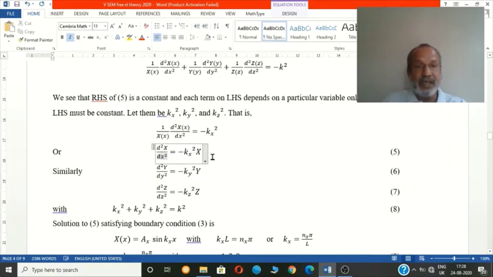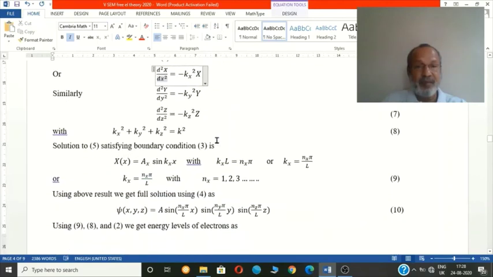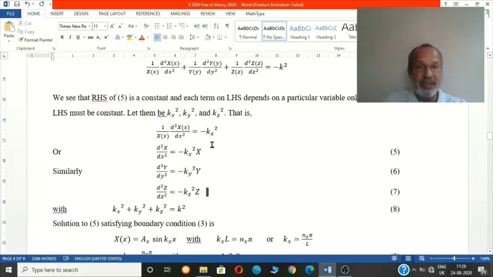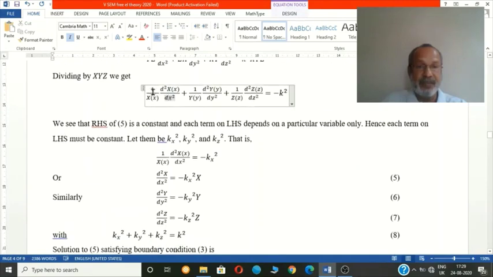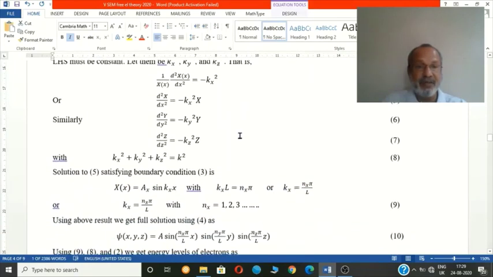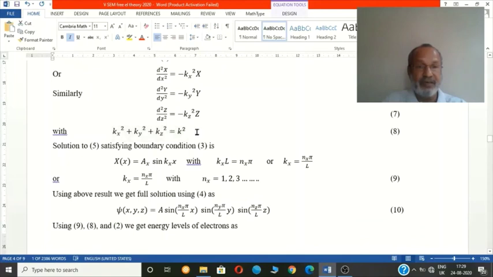So sin kx and cos kx are solutions. Those you may be remembering. So when you substitute this k square here, you will get this is kx square, this is ky square, plus this is kz square, minus will cancel, and finally you will get this equation.